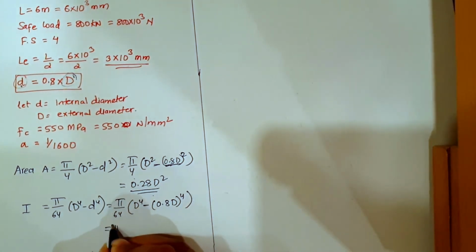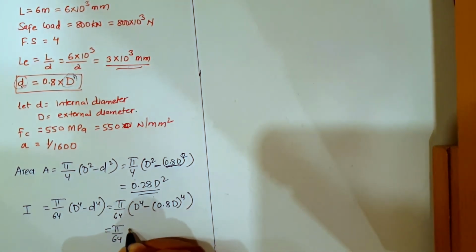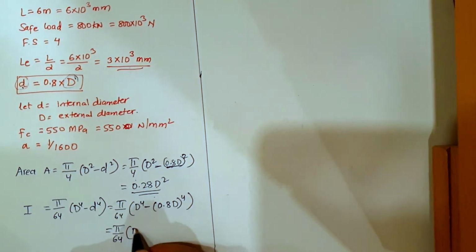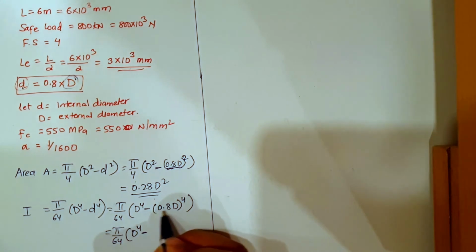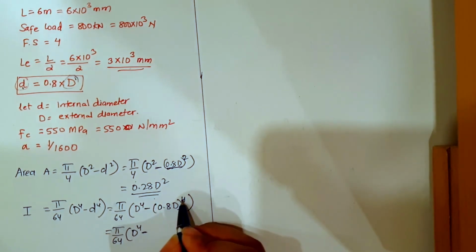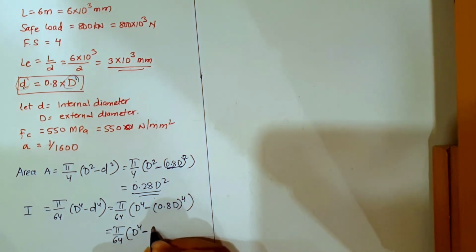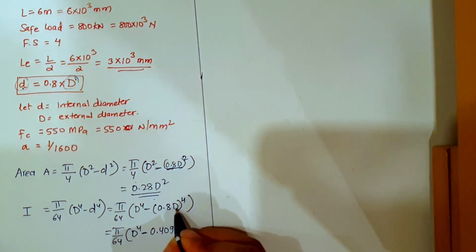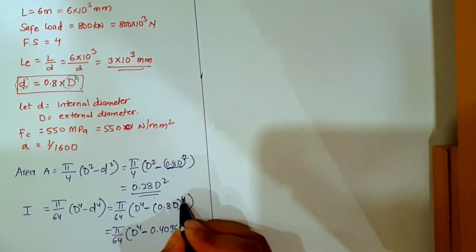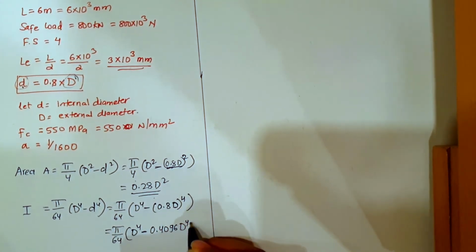If you solve 0.8 raised to power 4, it will be equal to 0.4096, and this D will also have power 4.